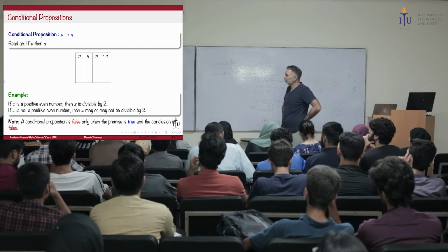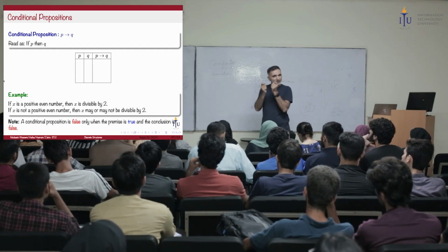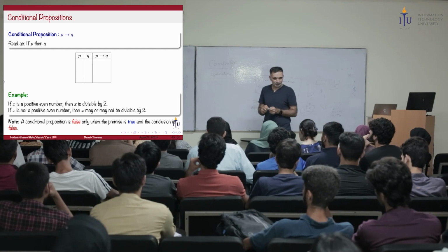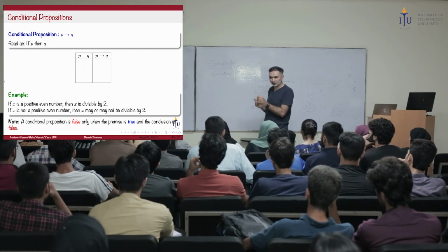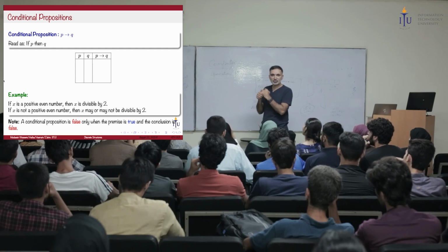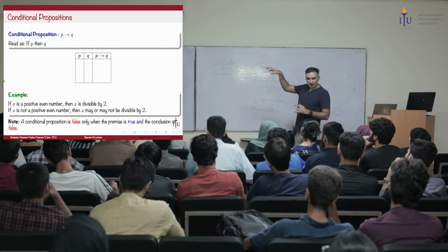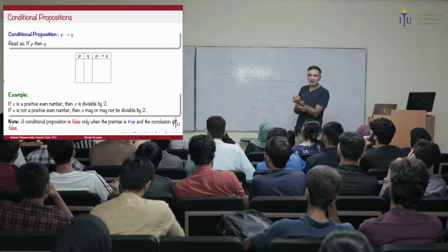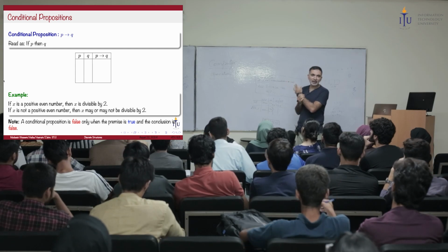The most important part on this slide is that this thing itself is a proposition. Keep that in mind. It is either true or false. It need not always be true. The mistake people make is they assume that if P then Q is always true. It need not be.